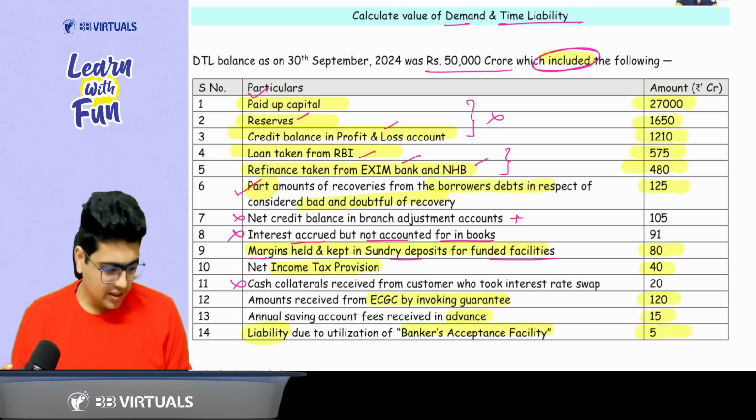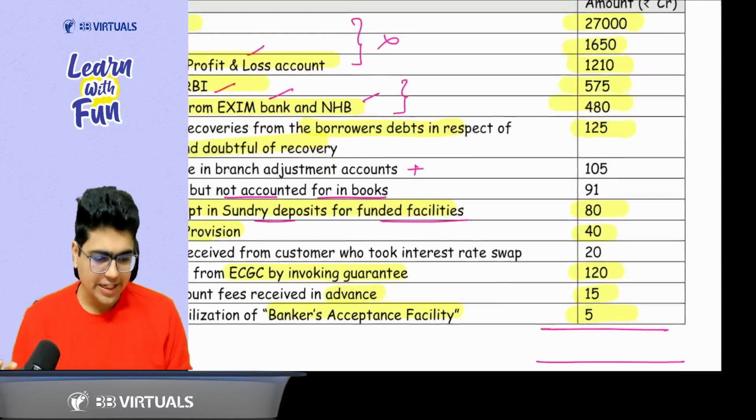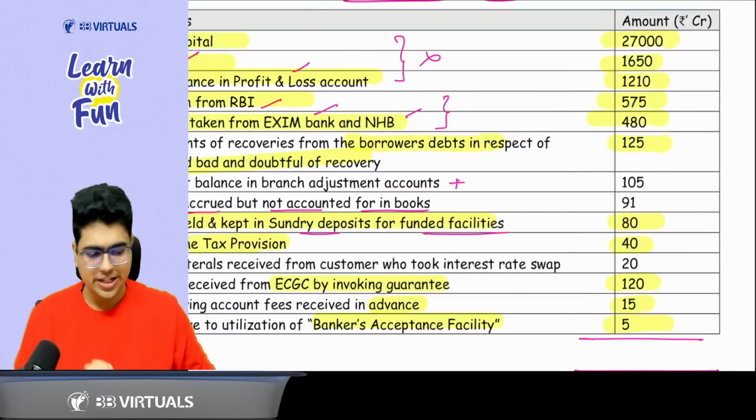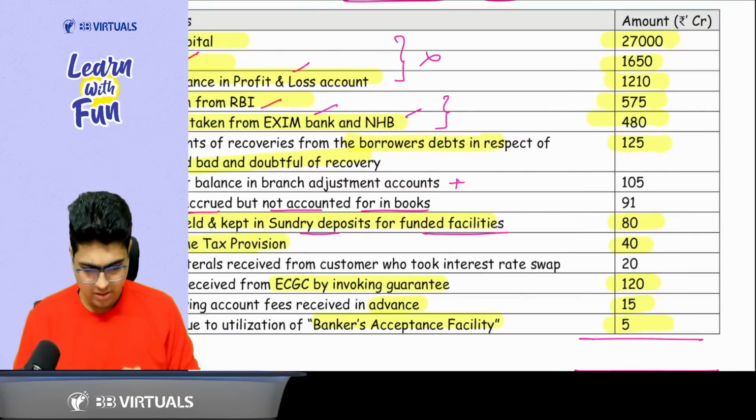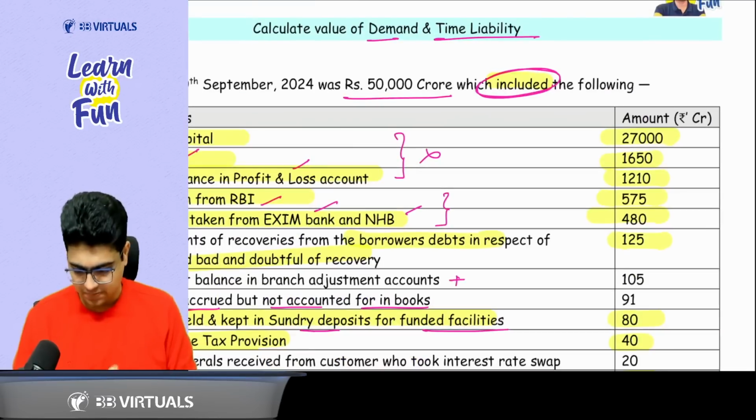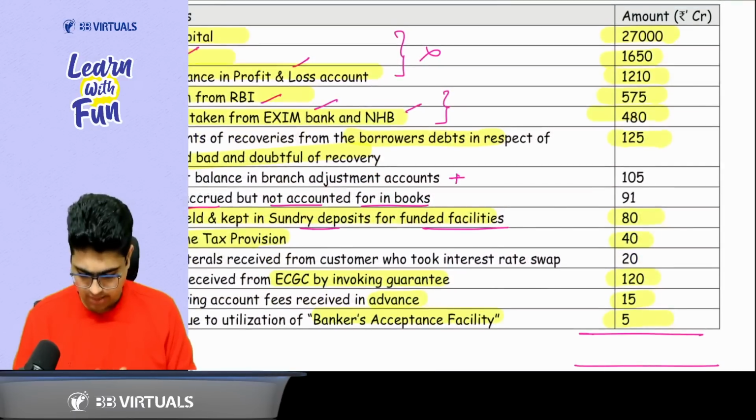Now let's calculate the net position of DTL. Everyone please calculate with me. We'll start with 50,000. 50,000 minus 27,000 minus 1650 minus 1210 minus 575 minus 480 minus 125 minus 80 minus 40 minus 120 minus 15 minus 5.